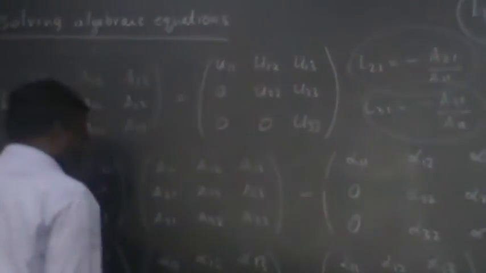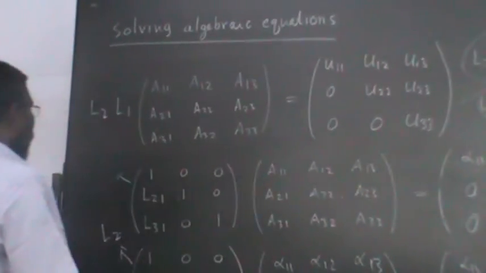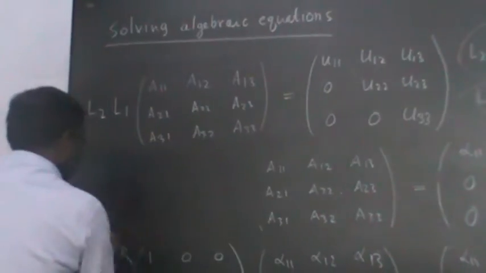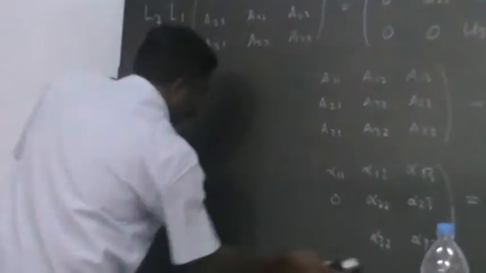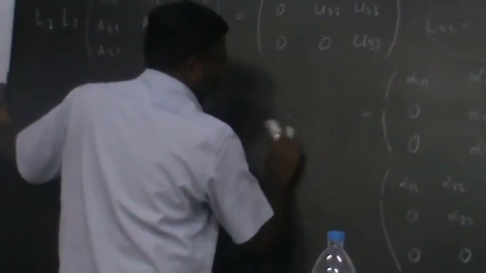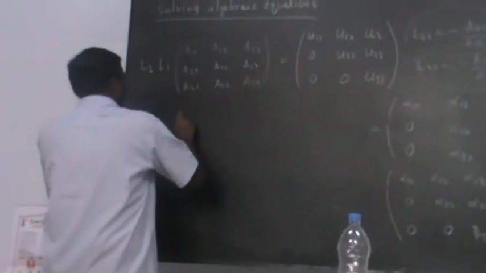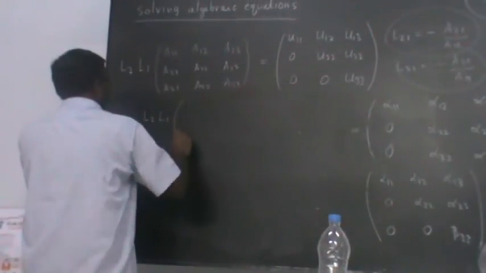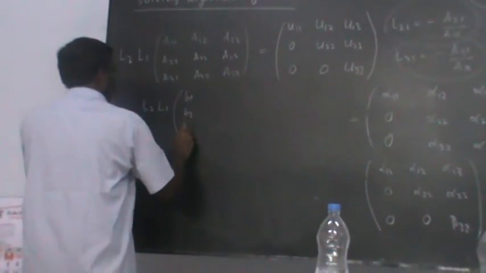This is going to be my upper triangular matrix, and you have L1, L2 operating on B1, B2, B3.